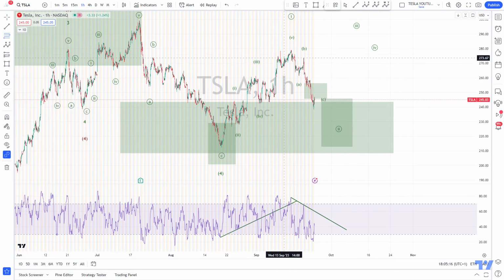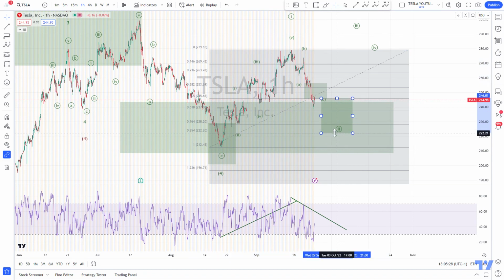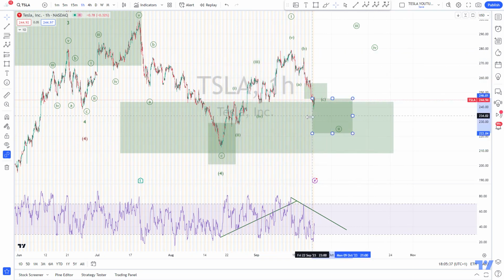If we take the length of this wave 1, then we know that wave 2 should go into the area between the 0.5 and the 0.854 retracements. And actually we already reached this area here with this move.